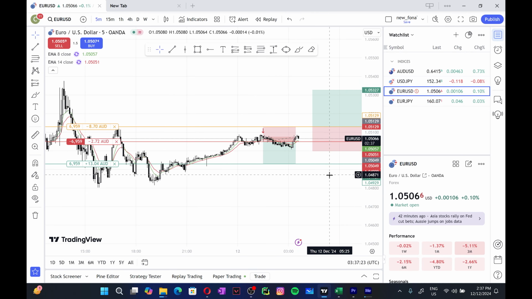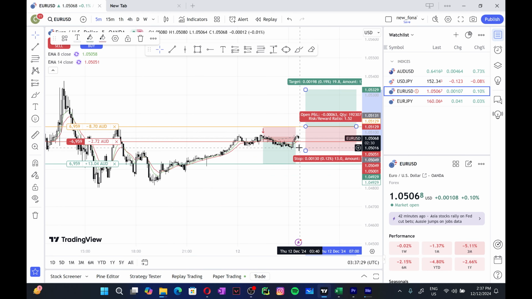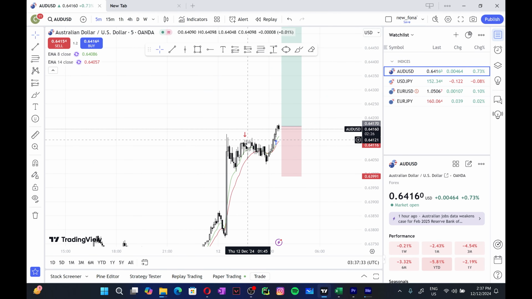That would give me a 1.5 risk to reward ratio as well. So let's see what's going to happen, but I'm pretty sure that I would be losing the AUD USD trade. Sorry, I already lost it. Yeah, I just realized I've already lost it. So I'm just going to wait and watch if there's going to be any other good position to take a trade at. So let's see.